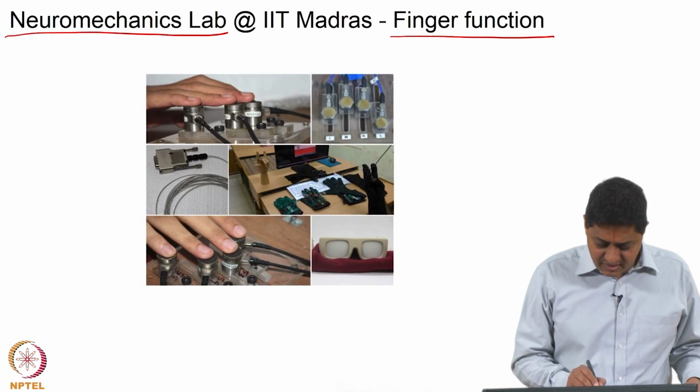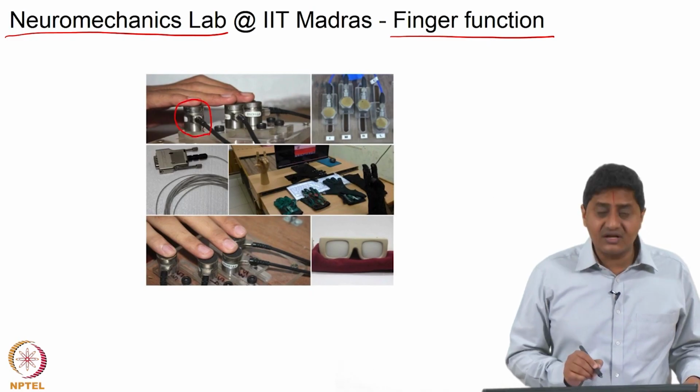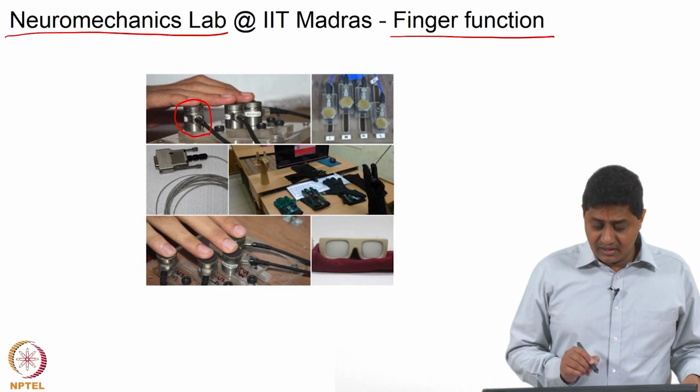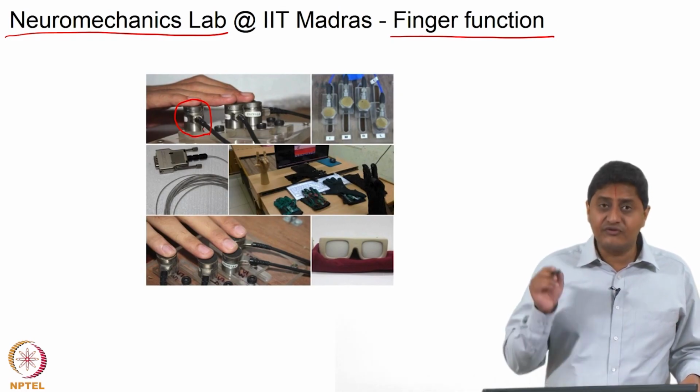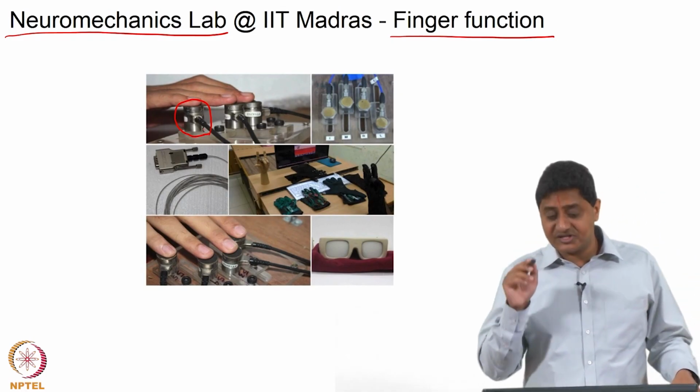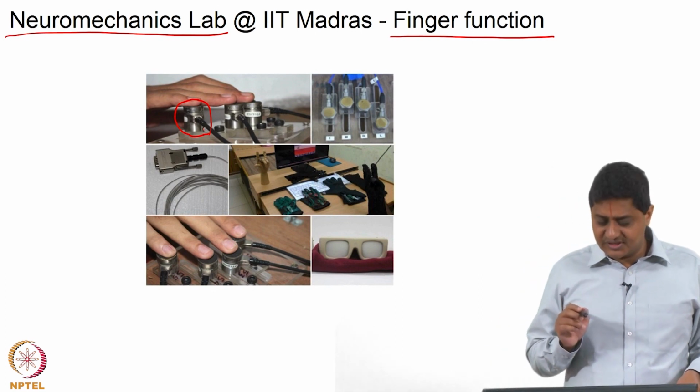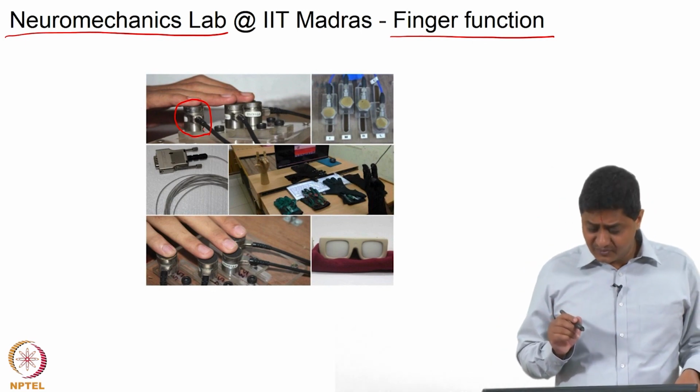We have these ATI nano sensors that measure fingertip forces in all three directions. So, the small forces and the small moments that are produced by the fingers while manipulating objects.